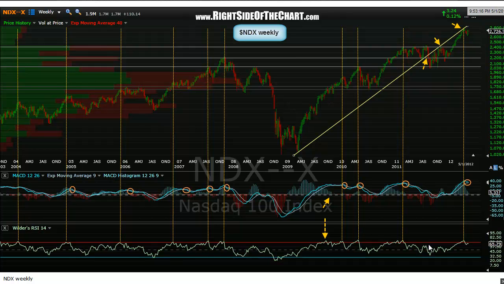Readings of 70 or above are typically considered overbought readings, and the line down here is the 30 line, which is considered oversold, readings of 30 or below. What I've done is mark all the readings of 70 or higher with these yellow lines, and wanted to point out what we've seen following those readings.